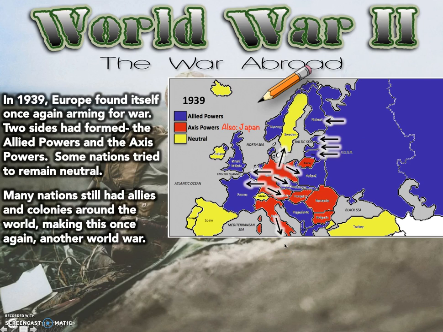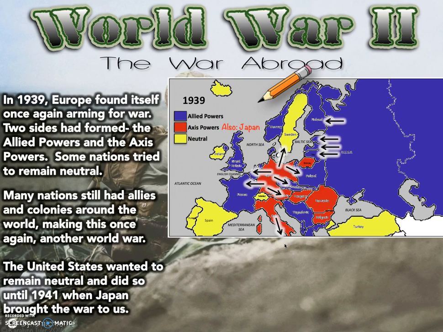So many nations still had allies and colonies around the world, making this once again another world war. For example, Great Britain still has control over Australia and Canada. So while each of those countries elects its own prime minister, when Great Britain goes to war, they go with Great Britain.